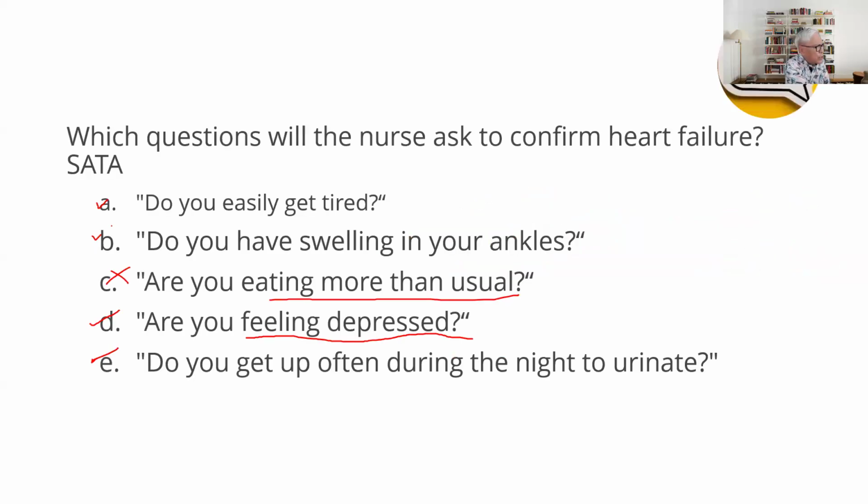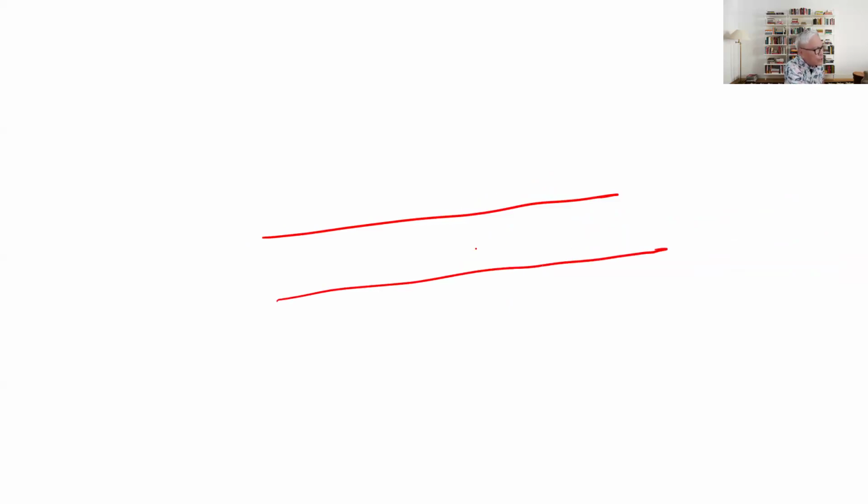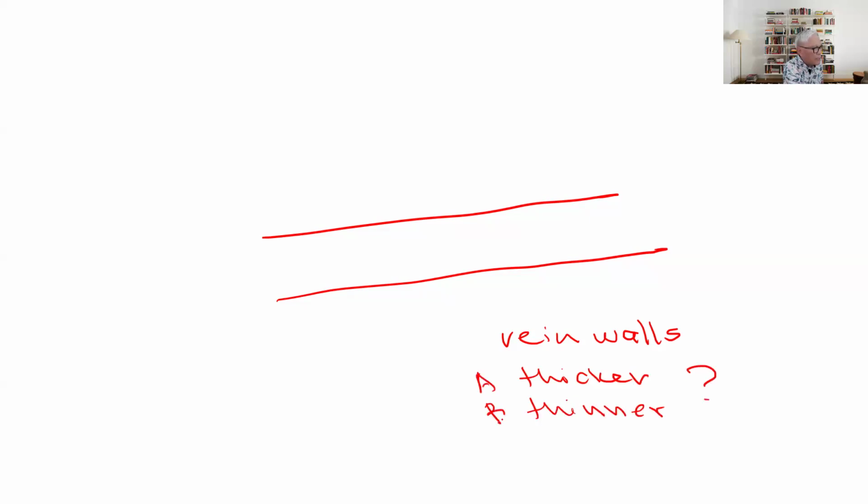Okay, so let me just explain that further. Now, when you have venous congestion, so your veins are congested, what happens to the walls of the vein? Do the vein walls become thicker or thinner? A or B, if there's congestion? Thinner.